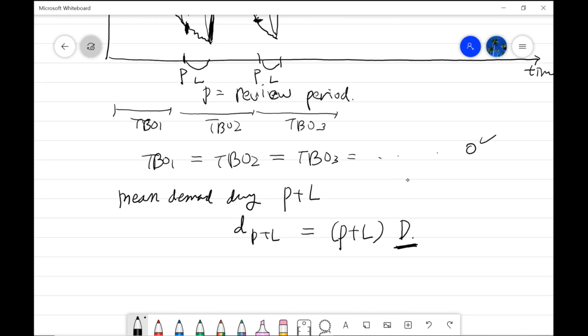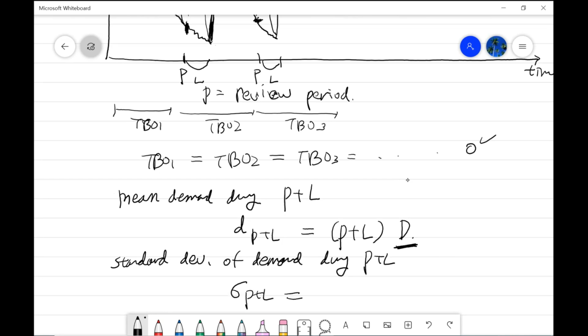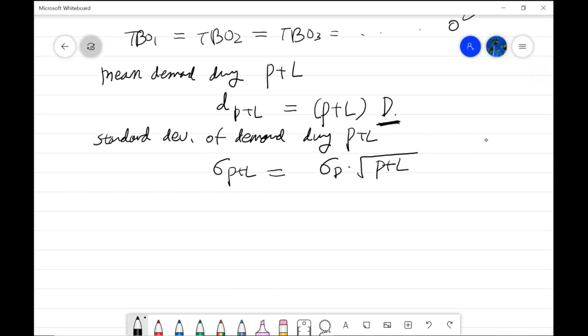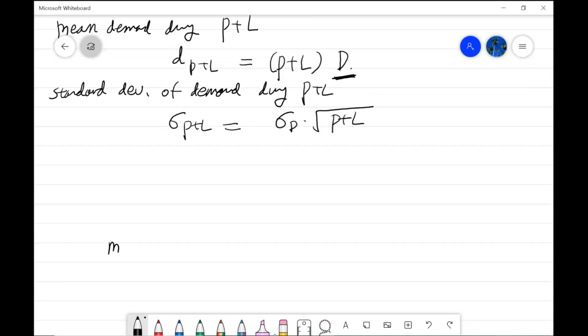And what about the standard deviation of demand during P plus L? Let's say sigma P plus L is sigma D multiplied by the square root of P plus L. Make sure the square root covers the entire P plus L. Then under this, I can say the mean, I'm sorry, it's not the mean.